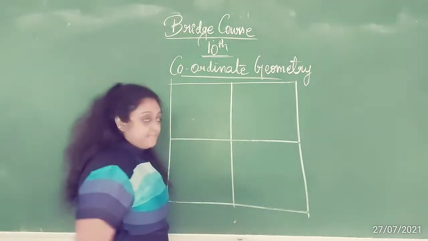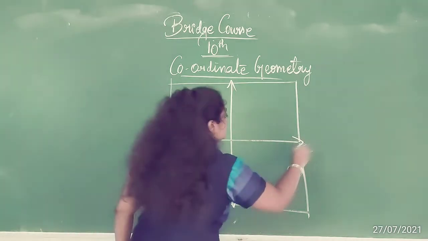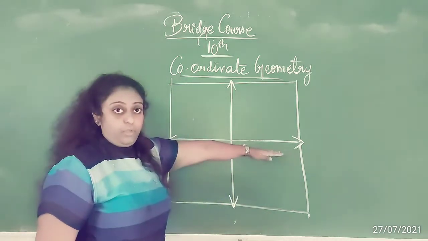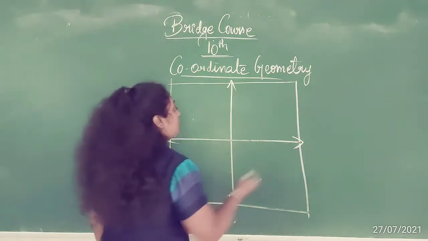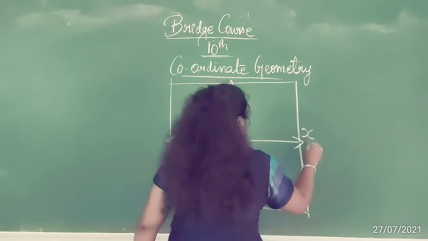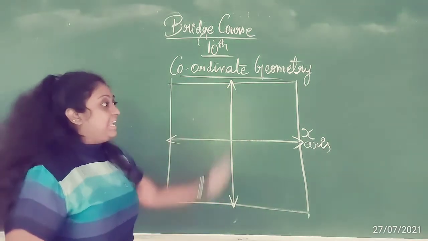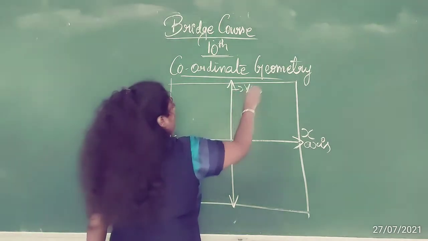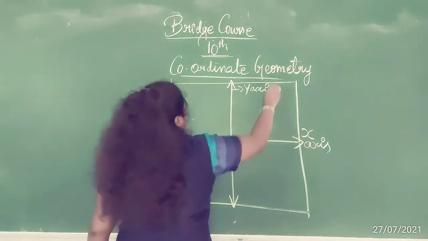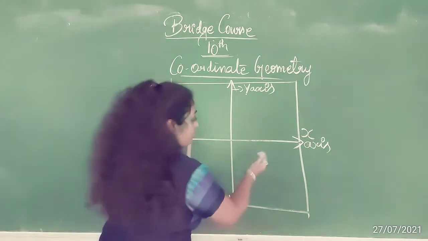This sleeping line, that is your horizontal line, is your x-axis. The standing line, that is your vertical line, is your y-axis.